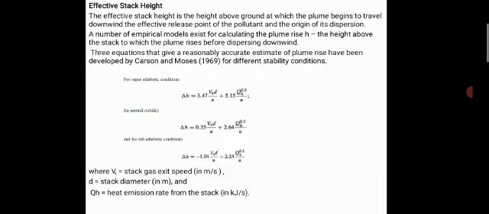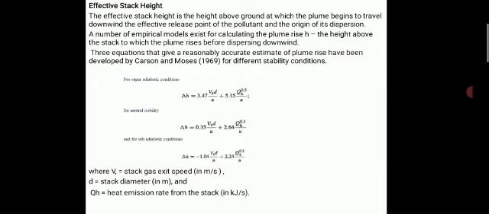A number of empirical models exist for calculating the plume rise delta H, which is the height above the stack to which the plume rises before dispersing downwind. Three equations that give a reasonably accurate estimate of plume rise were developed by Carson and Moses in the year 1969 for different stability conditions.